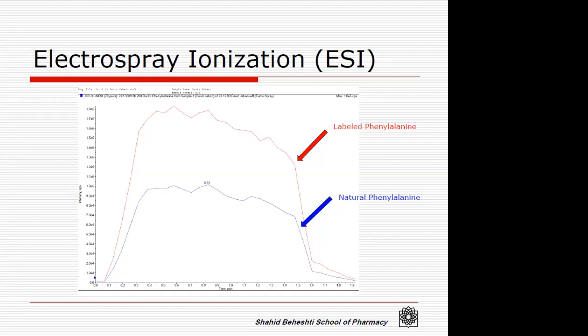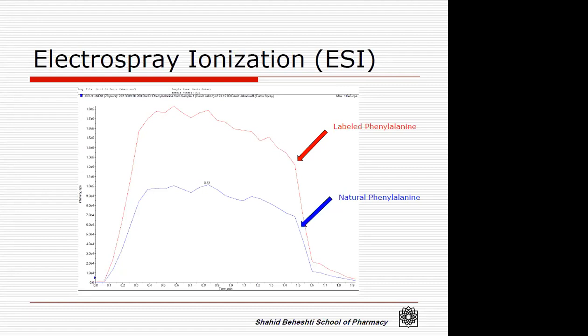So we add labeled phenylalanine to the dry blood spot at a pathological concentration. Then we extract the dry blood spot with this methanolic solution. The natural phenylalanine is extracted into the methanolic solution, which contains the labeled phenylalanine at the pathological level.